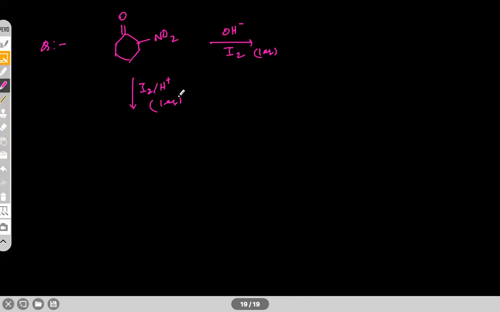Suppose you have a molecule with a double bond O and NO2 here. Now this reacts with OH minus, I2, and I'm considering one equivalent for both reactions. Here we have I2, H plus, one equivalent. Write down the product in these two.